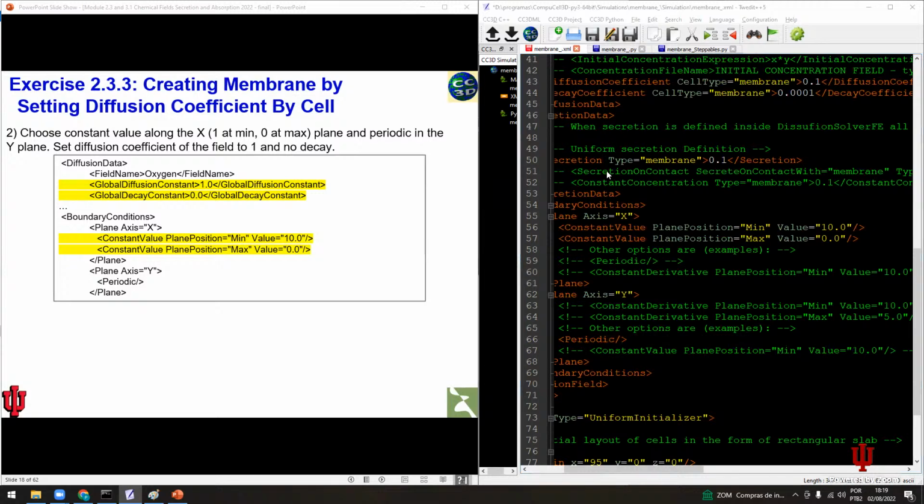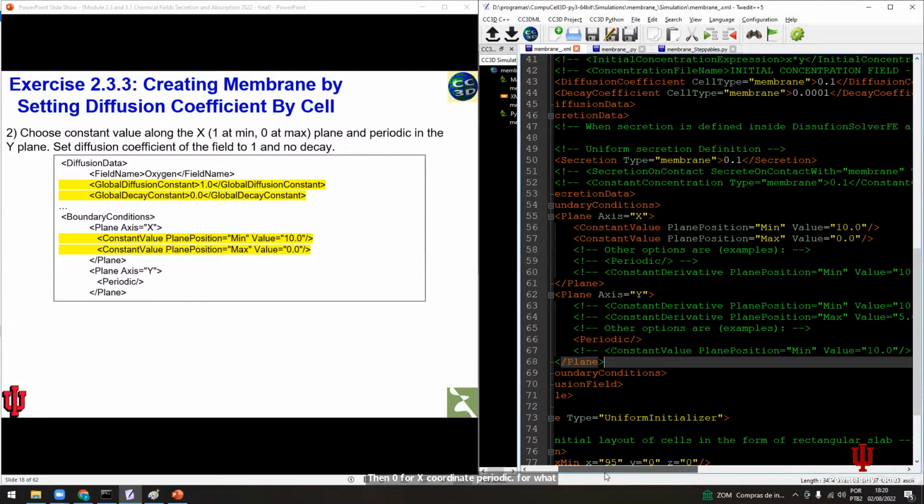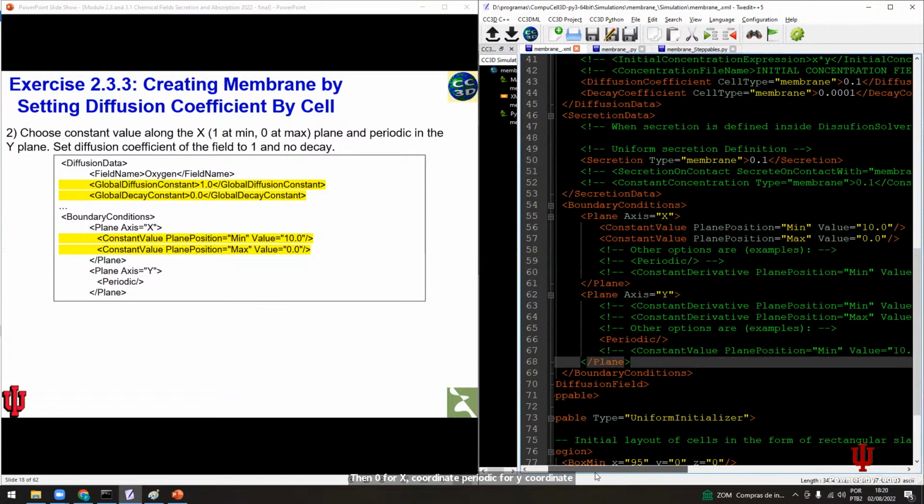I will relaunch the pool. Then 0 for x coordinate, periodic for y coordinate. Remember that boundary conditions are always messed up.